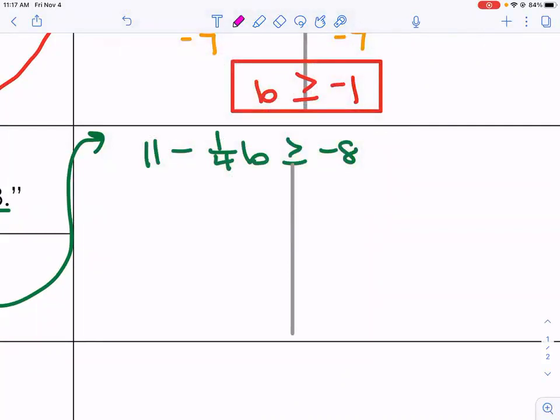If I want to solve for B, what do we do first? Okay, we're going to subtract 11 from both sides.